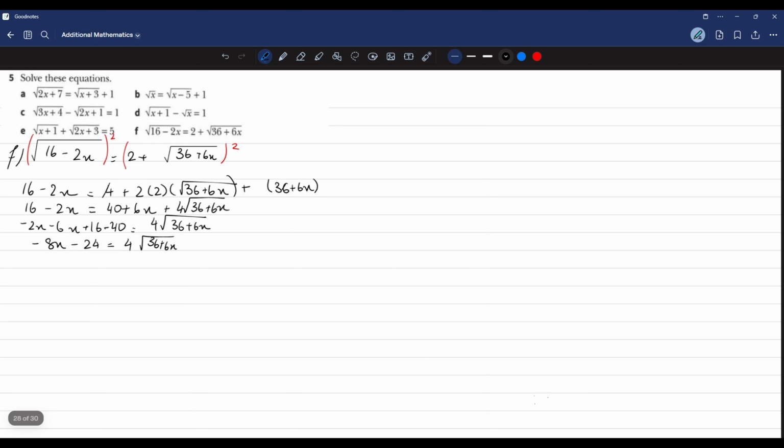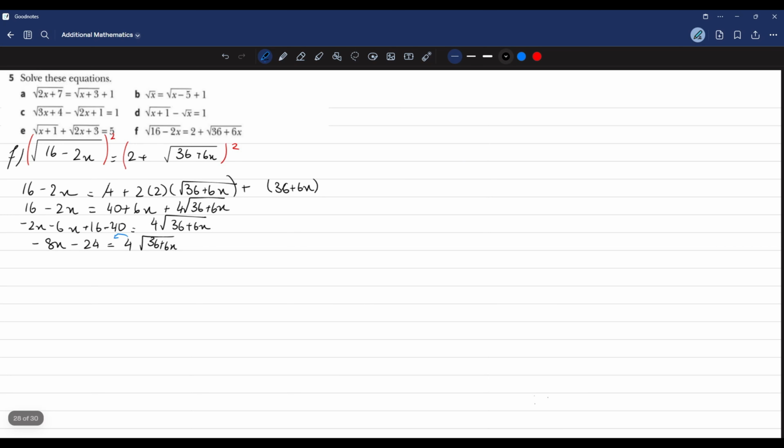Again, we can divide this equation on the other side. We can divide this by 4 because essentially this is being multiplied here, and we bring this on the other side.